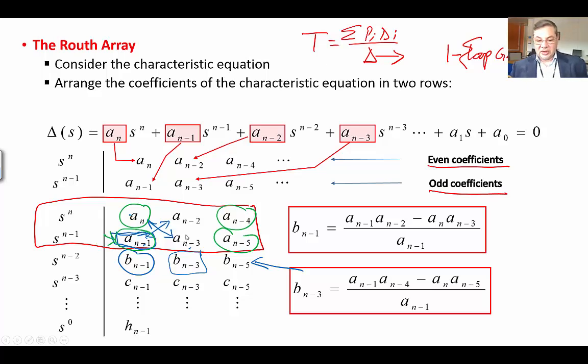That gives you the second element, bn minus 3.